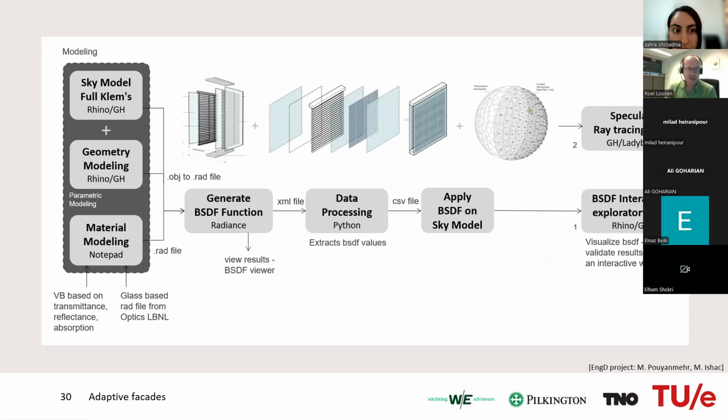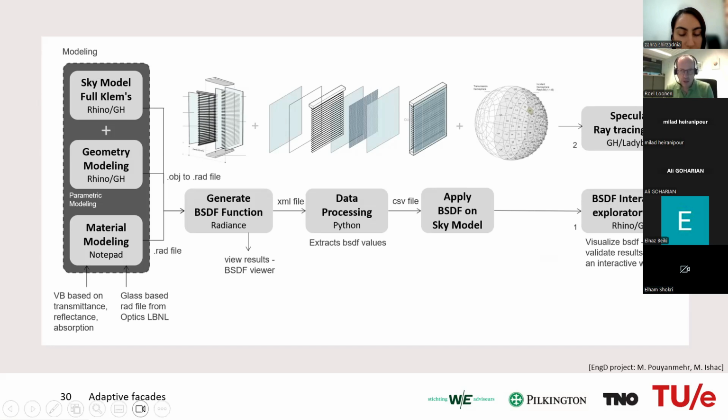And this is then used as an input for Radiance daylighting simulations and EnergyPlus thermal simulations to not only look at the component level, but to really understand also performance at the room level and occupant comfort.